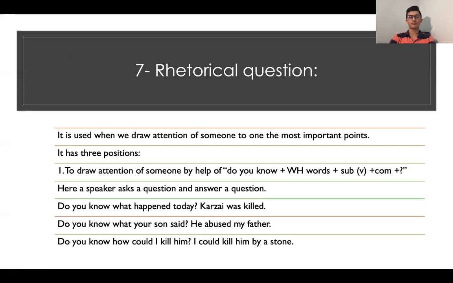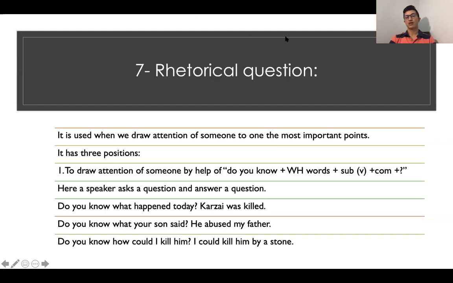Okay, so in rhetorical question you are not asking to get information. You are asking something to attract the attention of someone, so the person should listen to you, should pay attention to you. What are you telling about? What are you talking about?